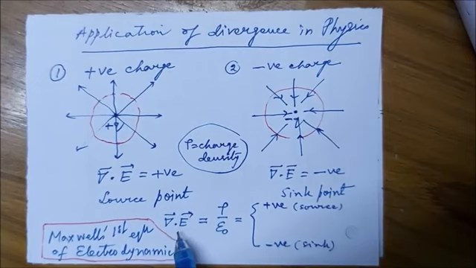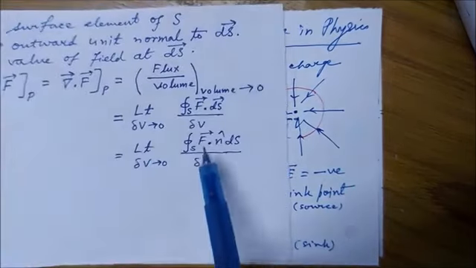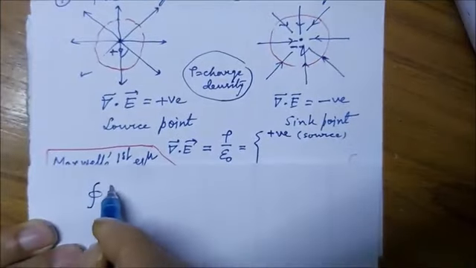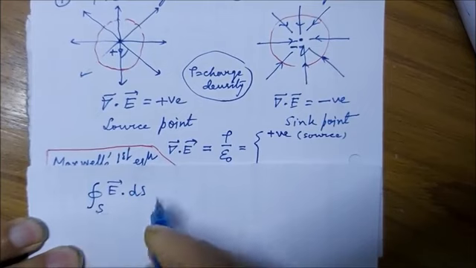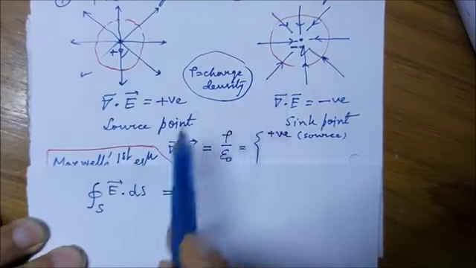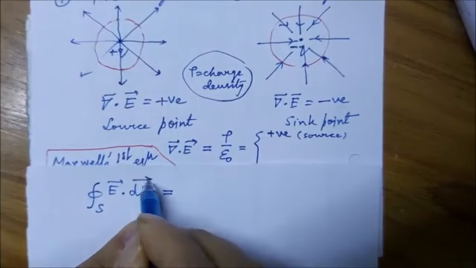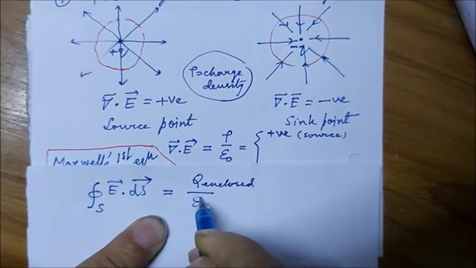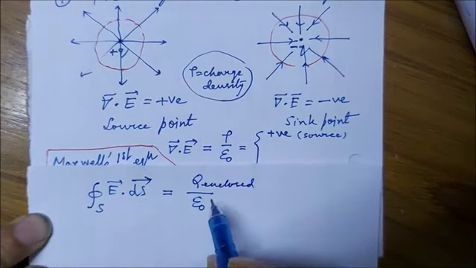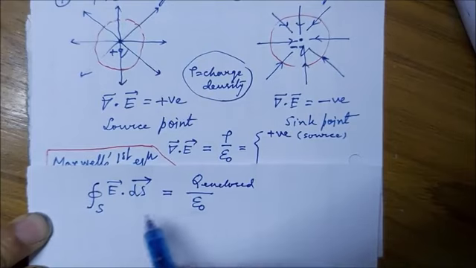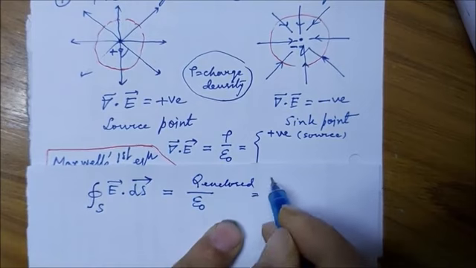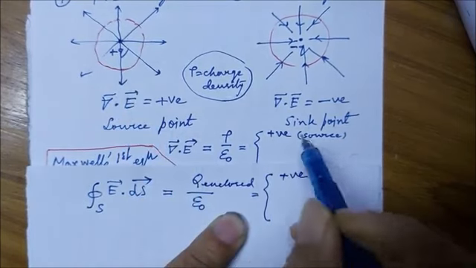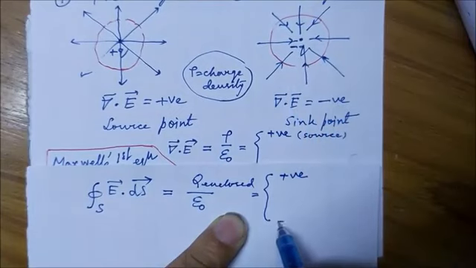And the definition of divergence contains the outward flux, the value of which is given by, where S is this closed surface, and this is the famous Gauss Law of Electrostatics, where epsilon 0 is the permittivity of free space and Q enclosed is the charge enclosed by S. And obviously, for this case, since Q is positive, this is also positive, and for this case, since Q is negative, it is negative.